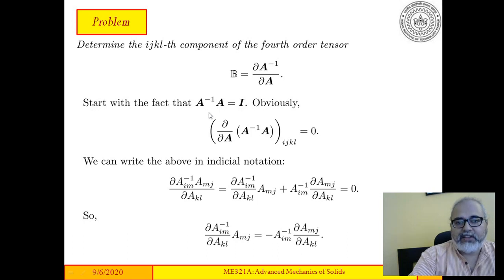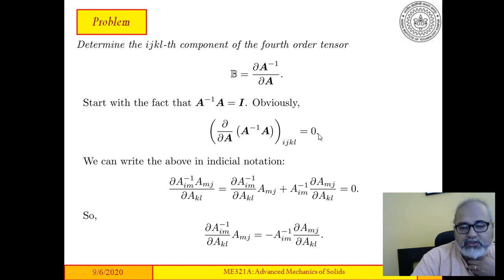Obviously, if I take the derivative of this, the right hand side will be equal to 0 because I is a fixed tensor and doesn't depend on space. So if I take the derivative, it doesn't depend on A. So if I take the derivative of this with respect to A, I should get 0. So the ijklth component of the derivative of this whole thing with respect to A should be equal to 0.